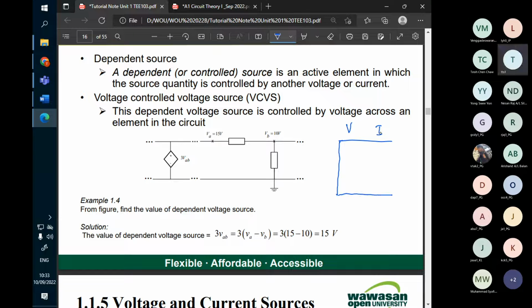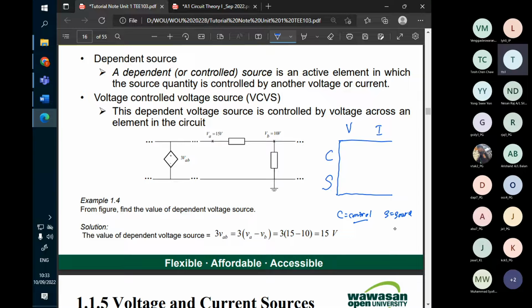So we have a voltage and I, and then we have the C. What's the C? Control. C is a control, and S is a source.